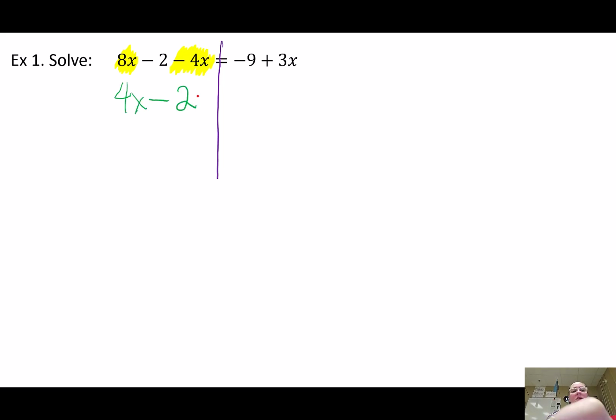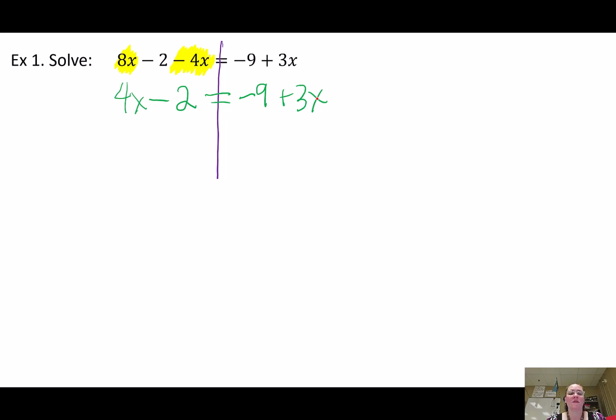I still have the minus 2 because it hasn't done anything. Now looking at the right side, I've got negative 9 plus 3x. There's nothing to simplify there, so we're just going to leave it negative 9 plus 3x. Okay, both sides are simplified as much as we can.